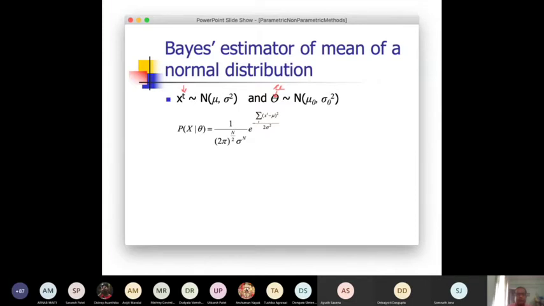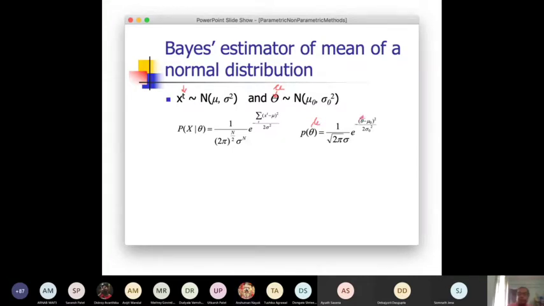Do you agree? Any doubt? I hope there is no doubt. So let me proceed in that case. And this is the prior of the distribution of the mean mu. Take theta as mu here.